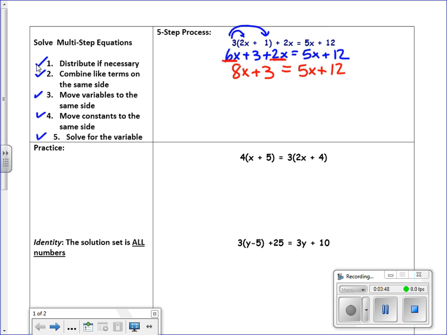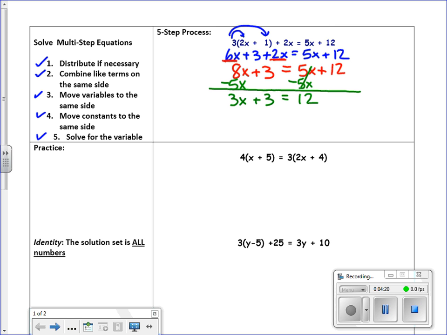And you can avoid that by going ahead and just looking at the problem and saying, well, if I took away 8x from both sides, I would have a negative 3x. But if I take away 5x from both sides, those guys cancel. 8 minus 5 is 3x plus 3, and all I'm left with is equals 12.